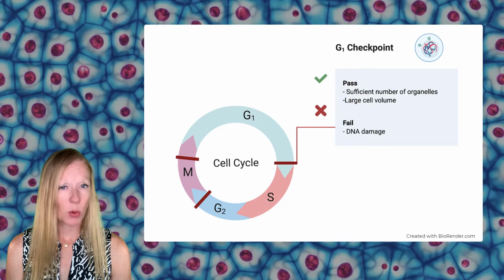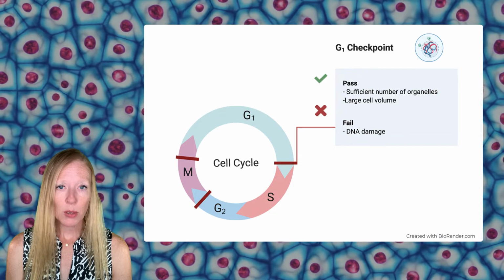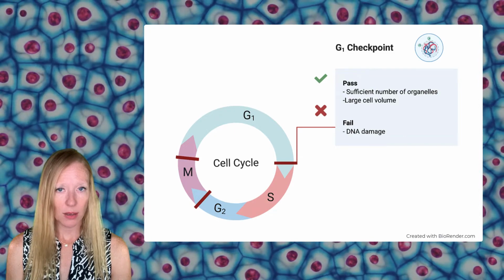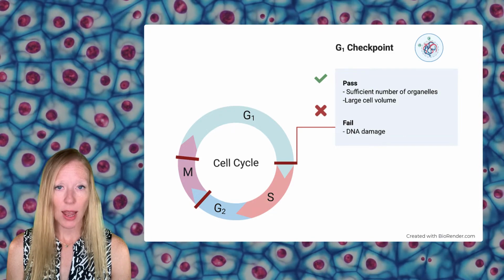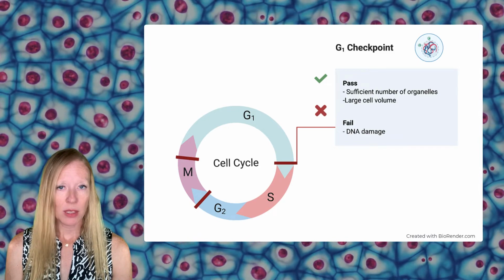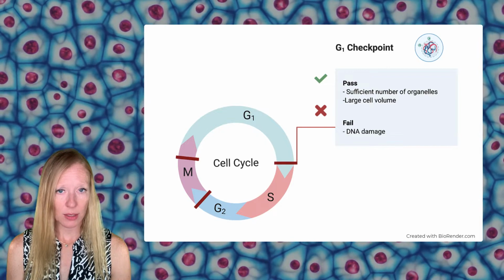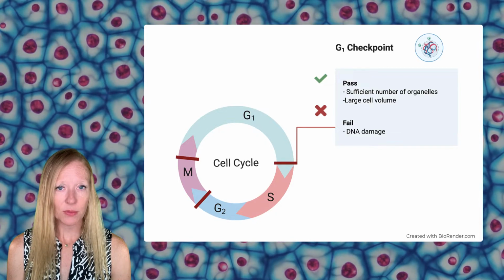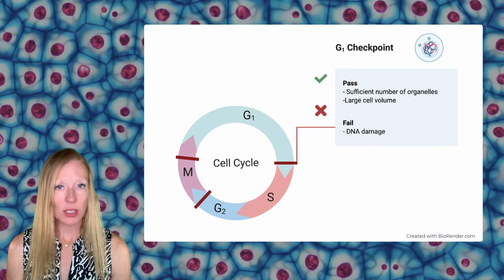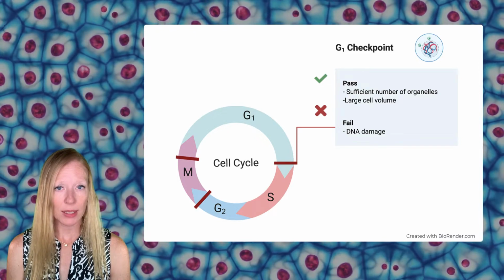And perhaps even more importantly, it needs to check for DNA damage. We most definitely do not want cells with significantly damaged DNA to be moving through the cell cycle, because DNA damage can cause mutations, and mutations can eventually cause cancer. If DNA damage is detected, the cell will attempt to repair it before moving on to the next phase.